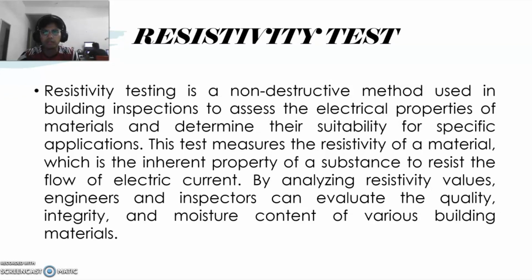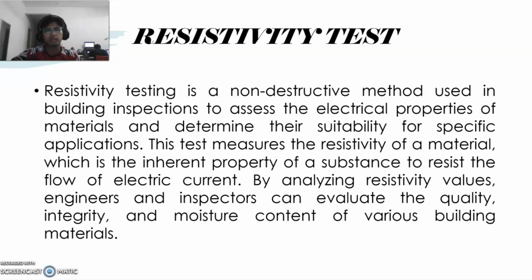Resistivity test is used in building inspection to assess the electrical properties of material and determine their suitability for specific application. This test measures the resistivity of a material, which is the inherent property of a substance to resist the flow of electric current.